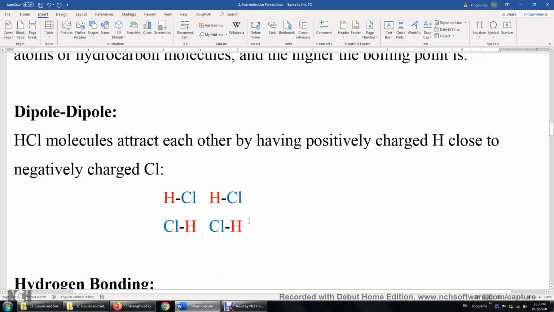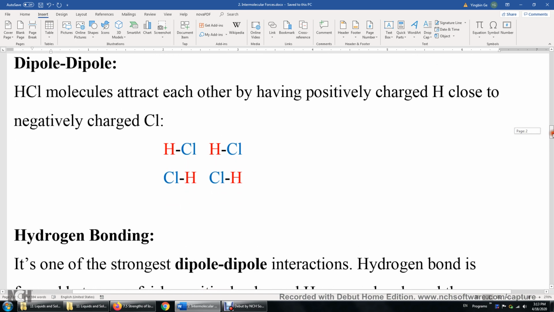Now let's look at a second type of intermolecular forces, dipole-dipole interaction. I'm going to use HCl as an example, hydrogen chloride. They attract each other by having positively charged hydrogen arranged closer to negatively charged chlorine.